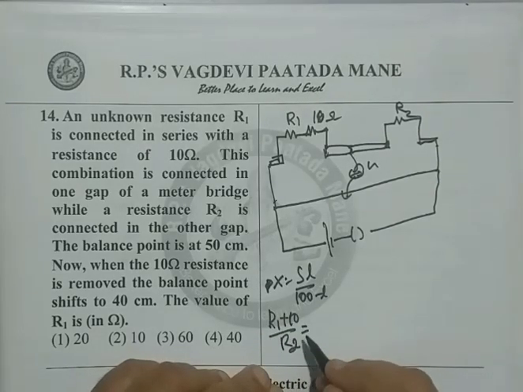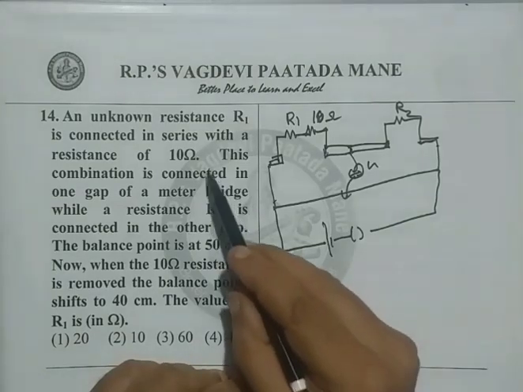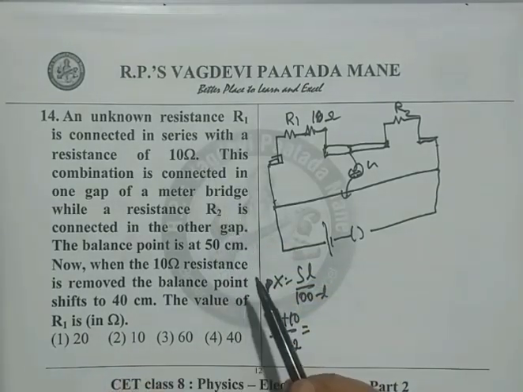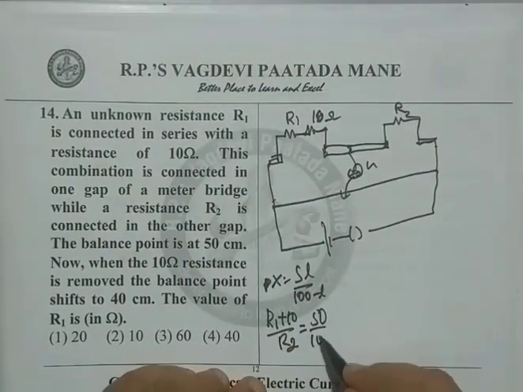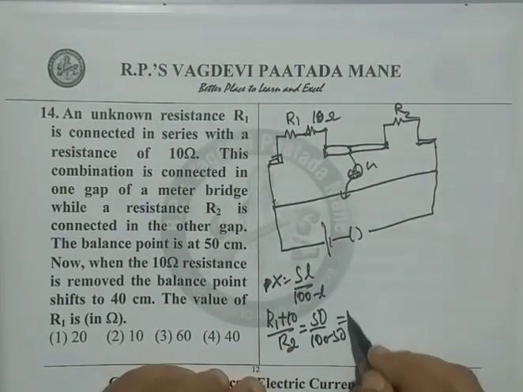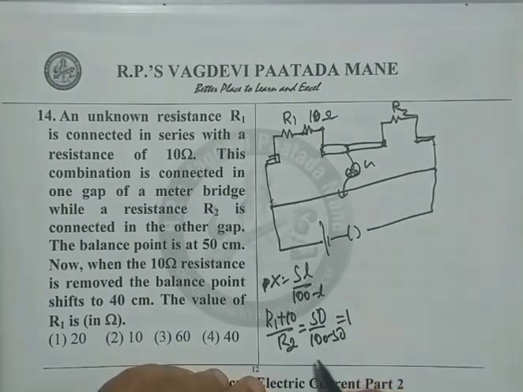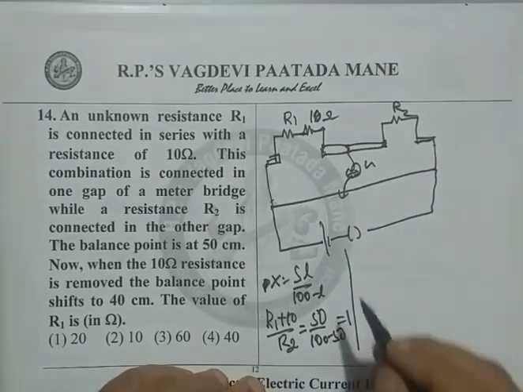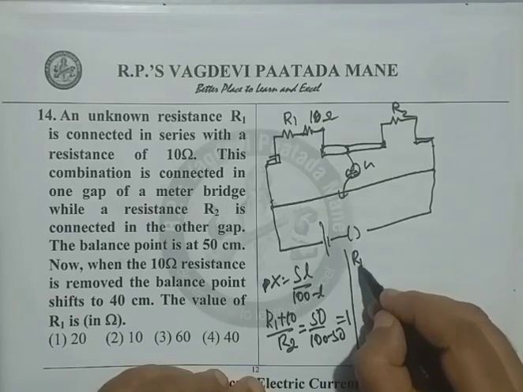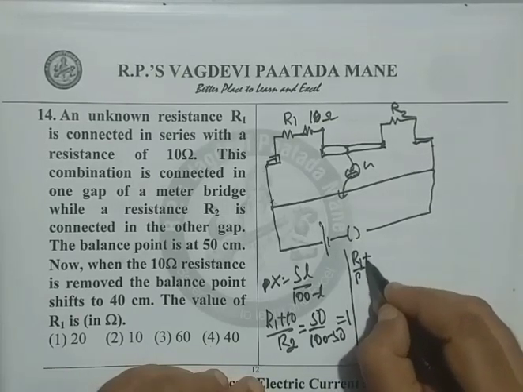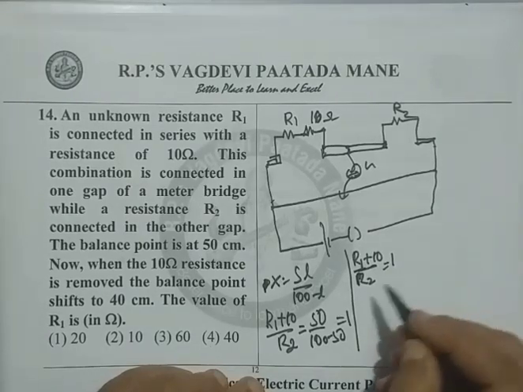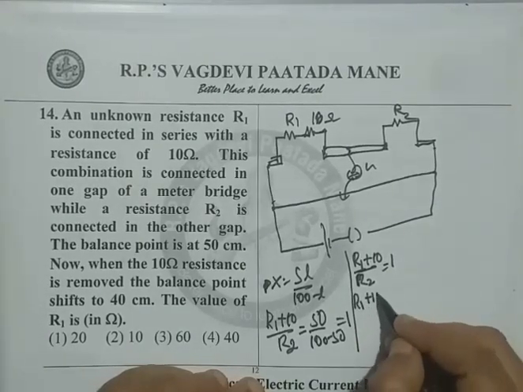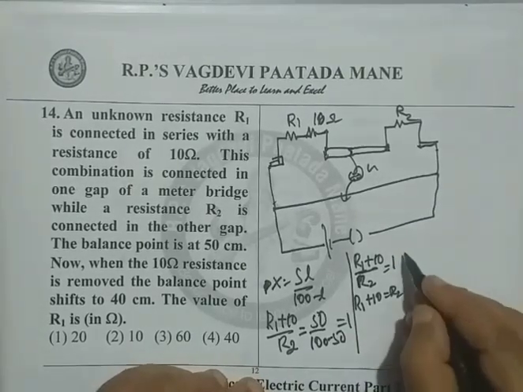L is given to be, in the beginning, 50 centimeter, 50 by 100 minus 50, which amounts to 1. Therefore, (R1 plus 10) by R2 is 1, or R1 plus 10 is R2.